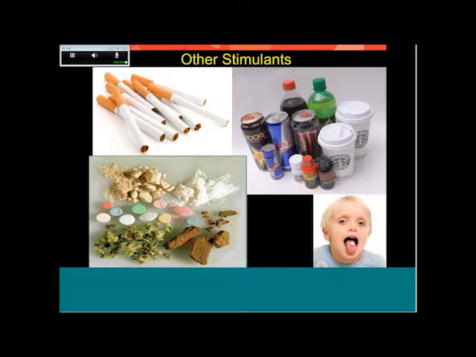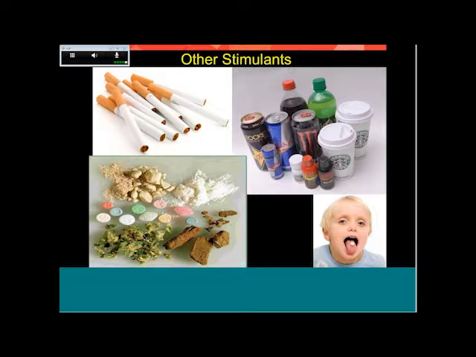But there's other stimulants that are out there, both legal and illegal, and kids are using these stimulants. And for the most part, this is something that may cause risk of arrhythmias and sudden death, particularly in those children who have unidentified vulnerability syndromes.